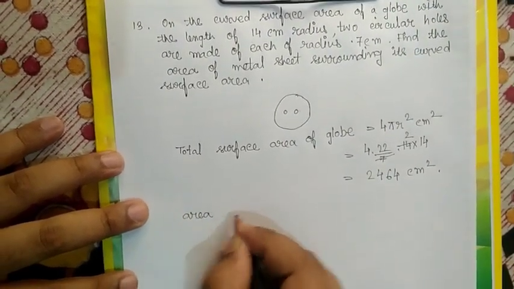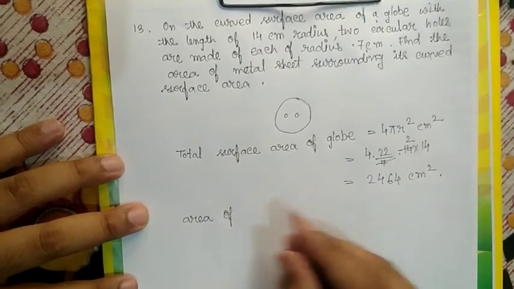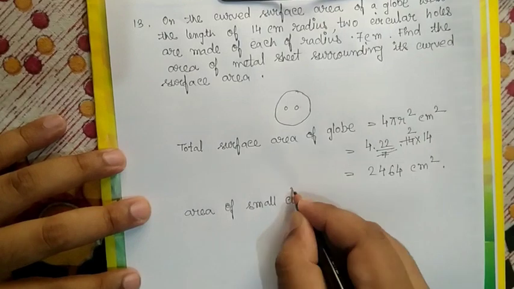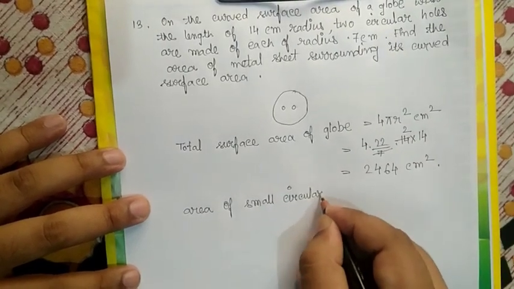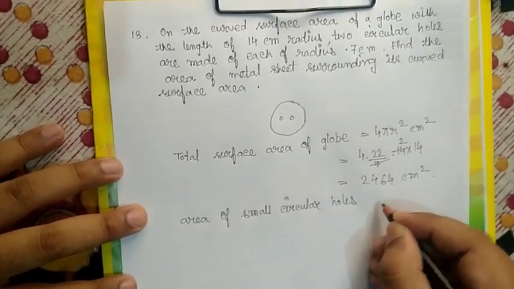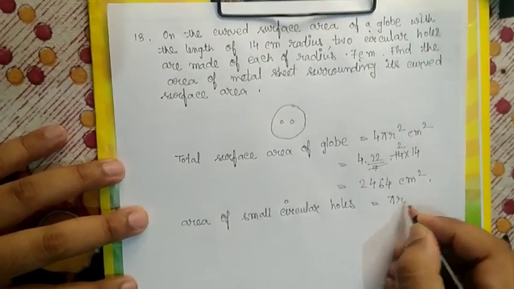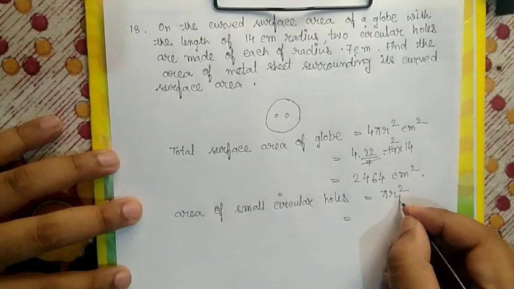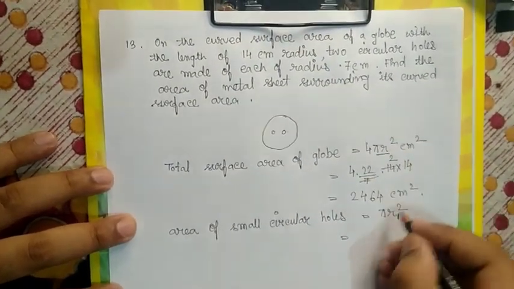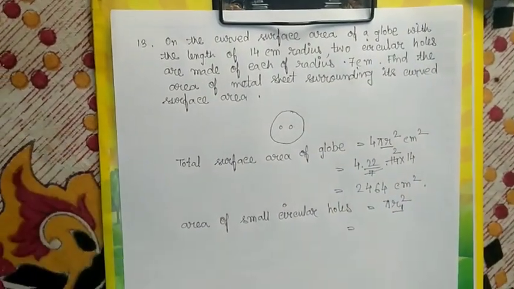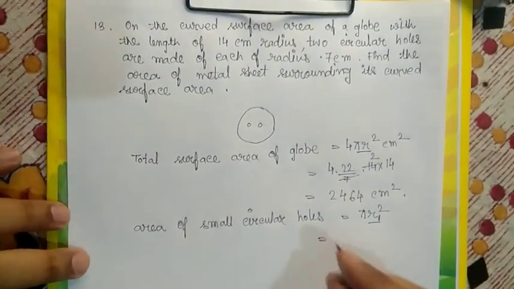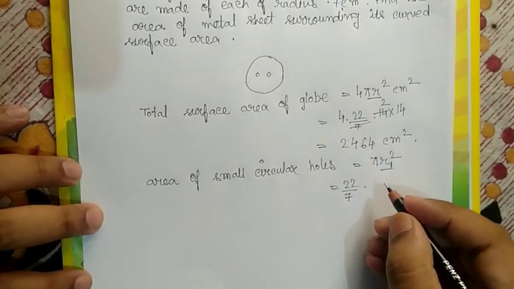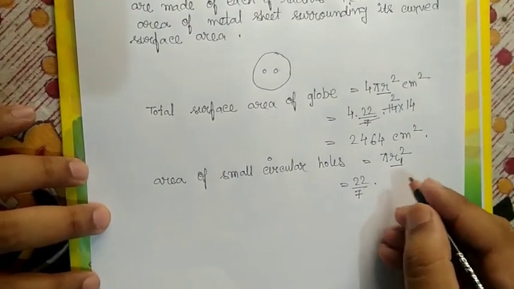After that, area of small circular holes is pi r square. So therefore this should be pi r1 square, because these r and these r not are equal, so therefore we have to write pi r1 square. So therefore 22 by 7, and the radius is 0.7.